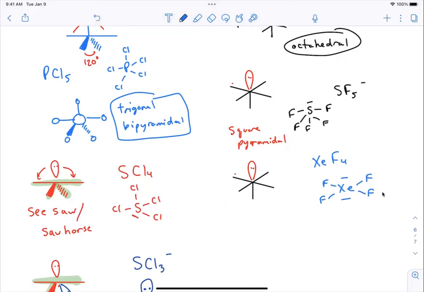Which line is furthest away from the lone pair? Exactly. So you take that one away. What shape is left when you have a lone pair on the top and a lone pair on the bottom and you've got 4? Square planar. Because the lone pairs cancel each other out, it flattens it out. So this is square planar.